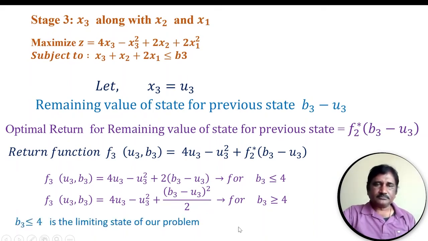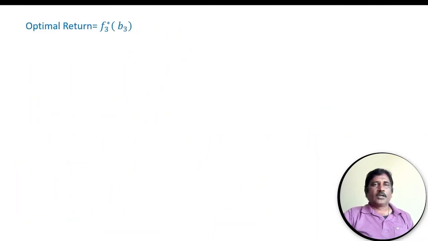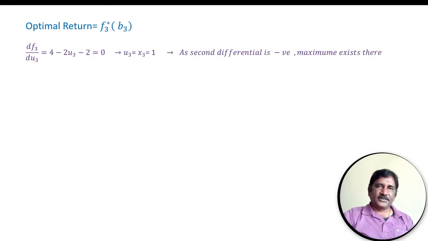But in our case b3 less than equal to 4 is the limiting state of our problem. So the optimal return, that is f3 star b3.